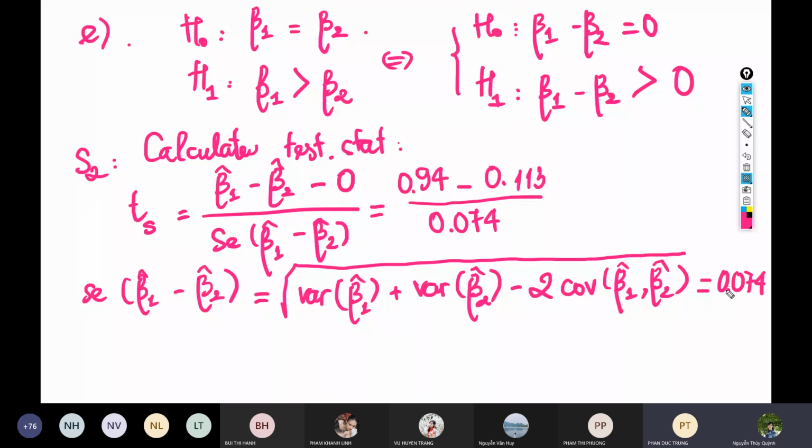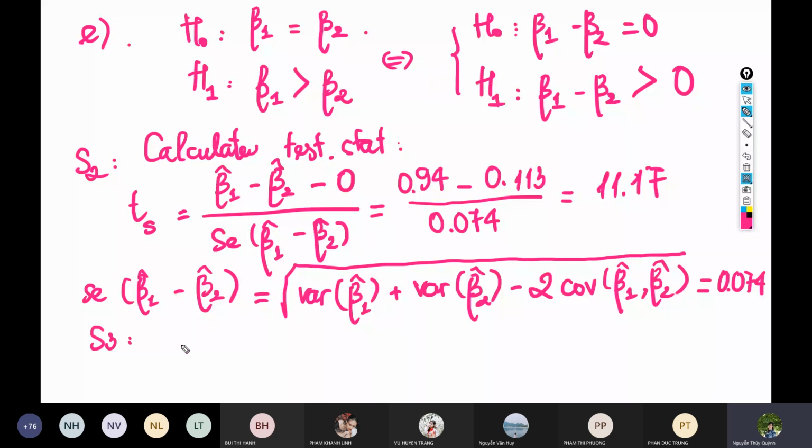Did you take the square root here? Yes, he did take the square root. So what is the result here? 11.17. All right.